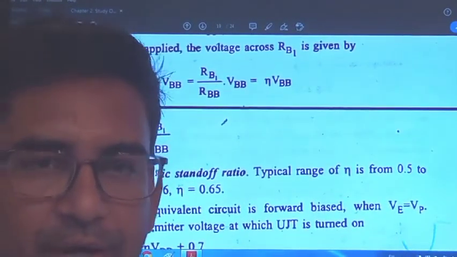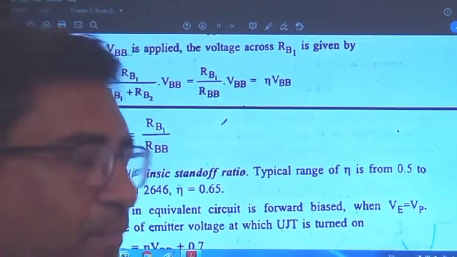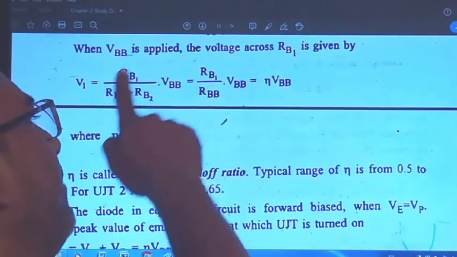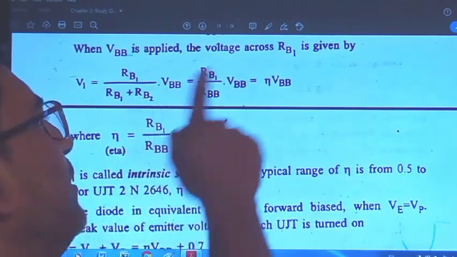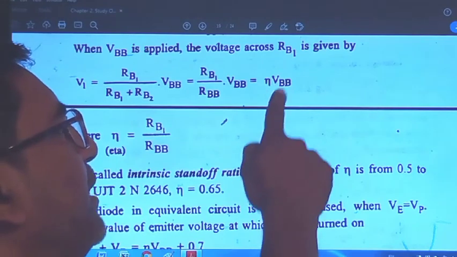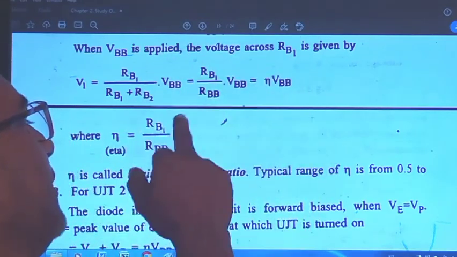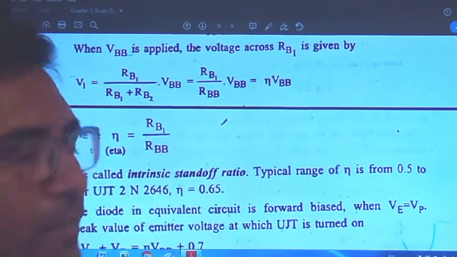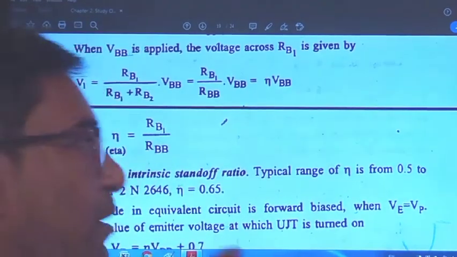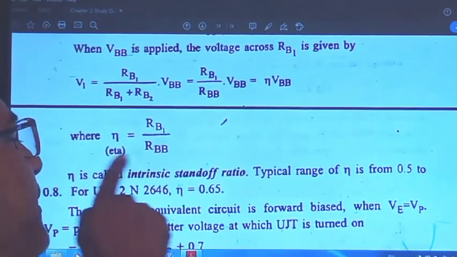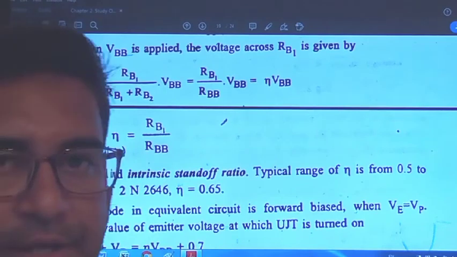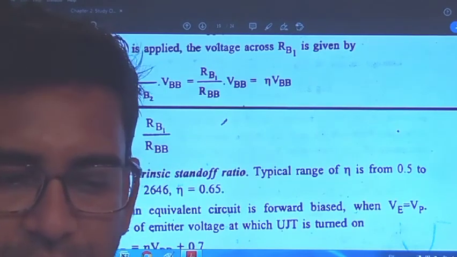The voltage applied across RB1 is given by V1 equal to RB1 by RB1 plus RB2 into VBB. That is considered as eta into VBB. Eta is nothing but RB1 by RBB. This symbol is eta, the intrinsic standoff ratio.